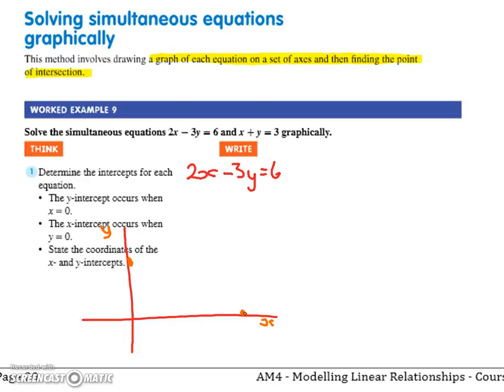When y equals 0, we can find out what x equals, and we'll be able to plot it on this line. If I subbed in the number 1, I'd have 2 times 1 is 2, so I'd take it off both sides and have minus 3y equals 4, and y is not going to equal 0.